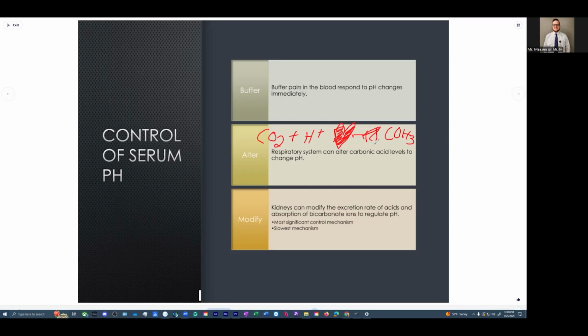They're the most significant and strongest control mechanism for pH we have, but they take hours, days to kick in, whereas chemical buffers are happening all the time. Respiratory can kick in within seconds or minutes. Kidneys take some time to get involved, but they're the most powerful.